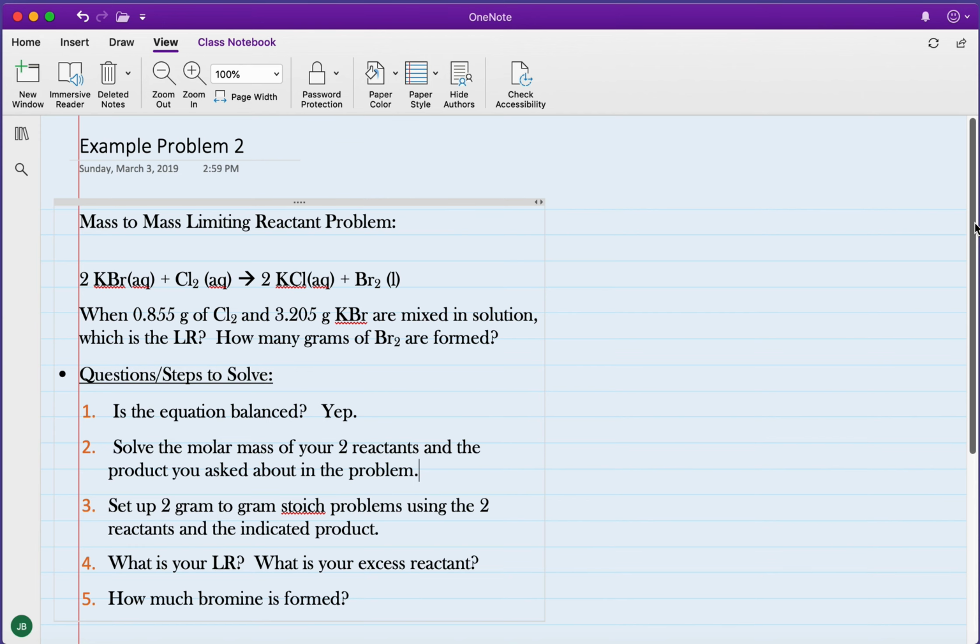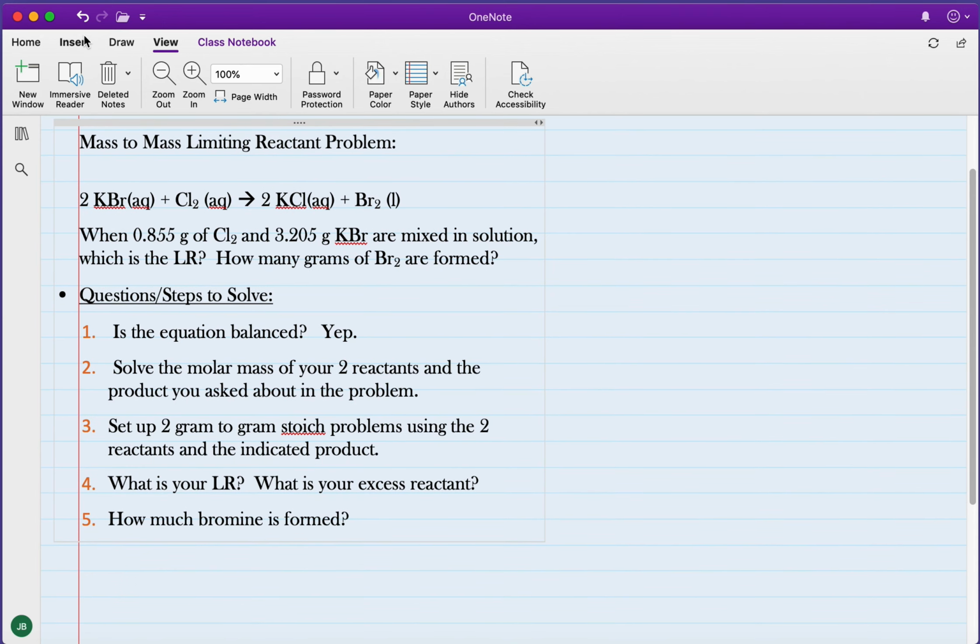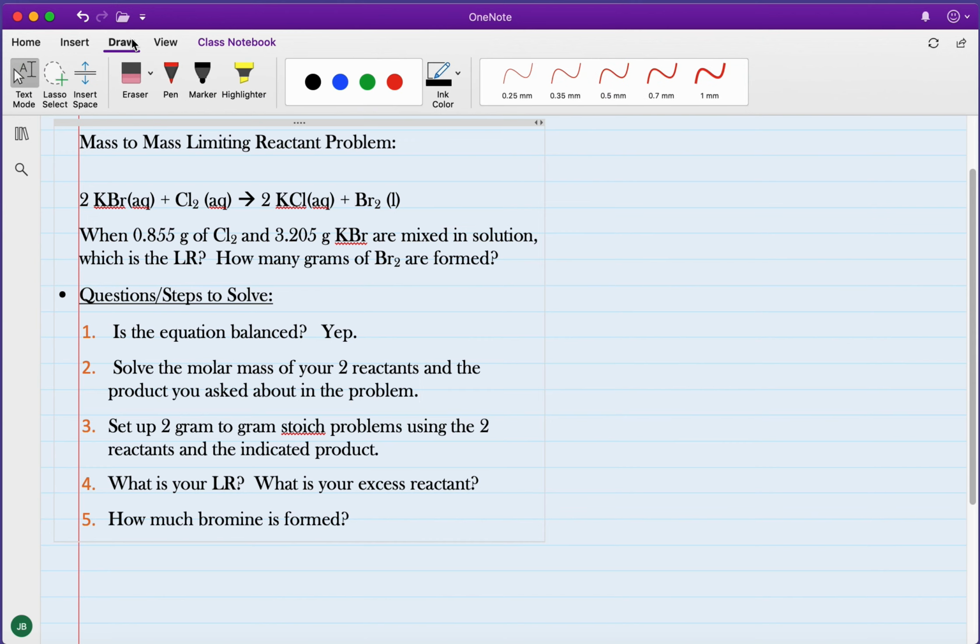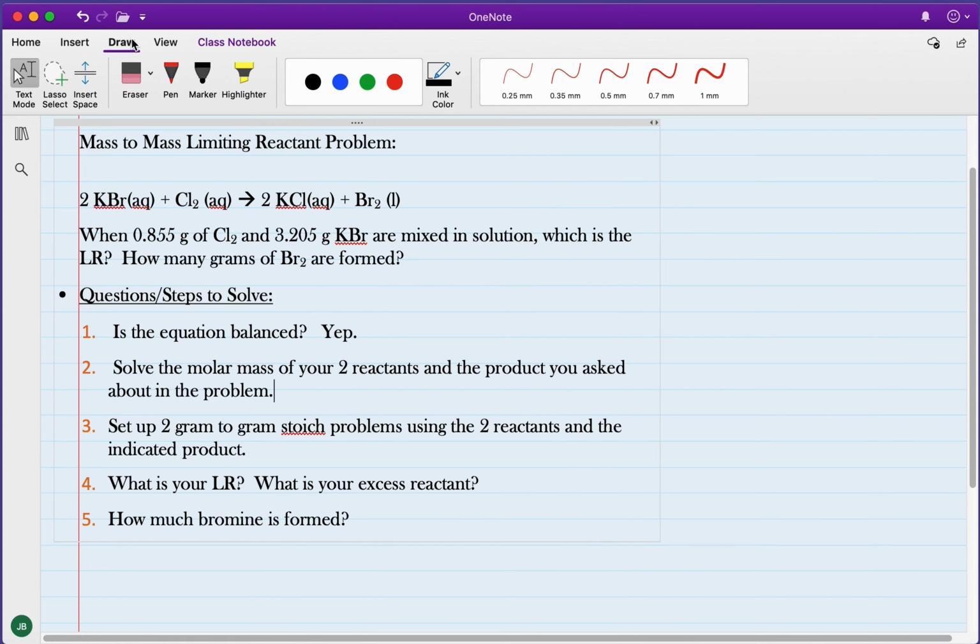Let's go ahead and read our problem. When 0.855 grams of chlorine and 3.205 grams of potassium bromide are mixed in solution, which is the limiting reactant? How many grams of bromine are formed?